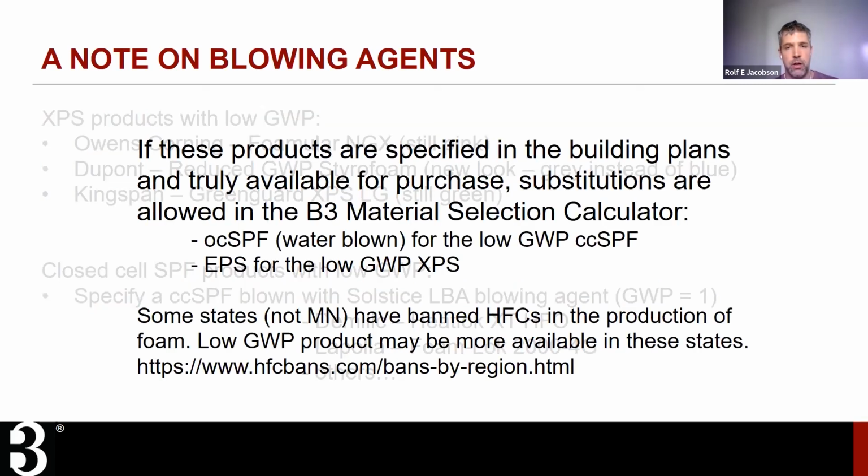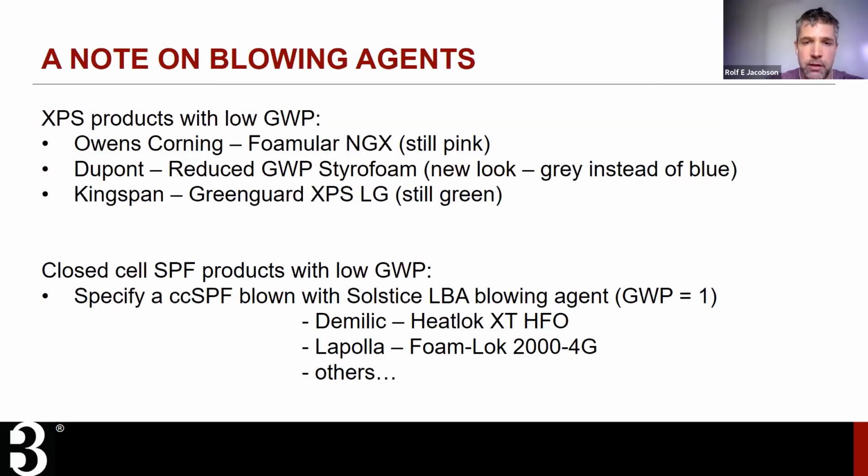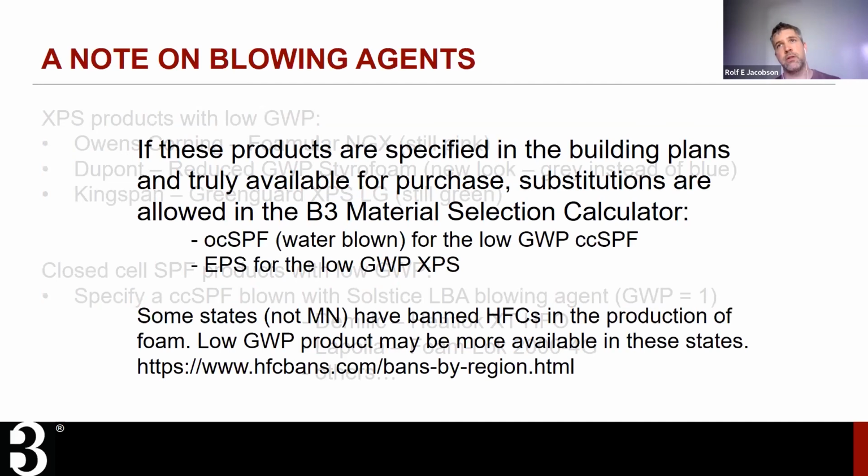If you are able to find these products, Foamular NGX or the reduced GWP Styrofoam, or a closed cell spray foam like the Heatlock or the Foam Lok products, then when you're using either a whole building LCA model tool or the material selection calculator, we will allow you to substitute lower GWP foam products for those.